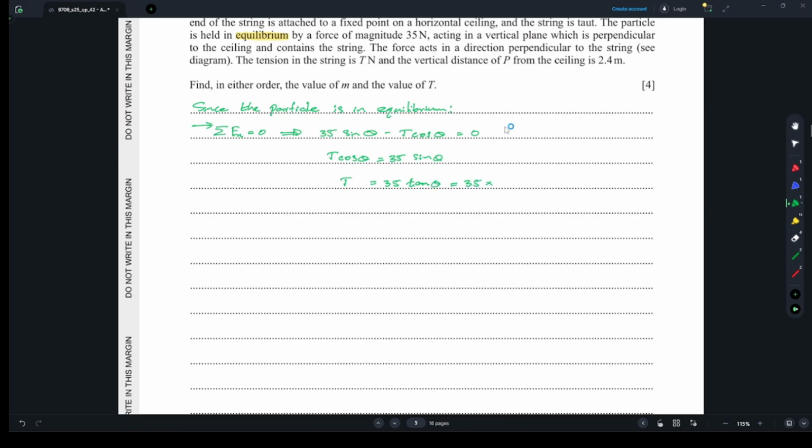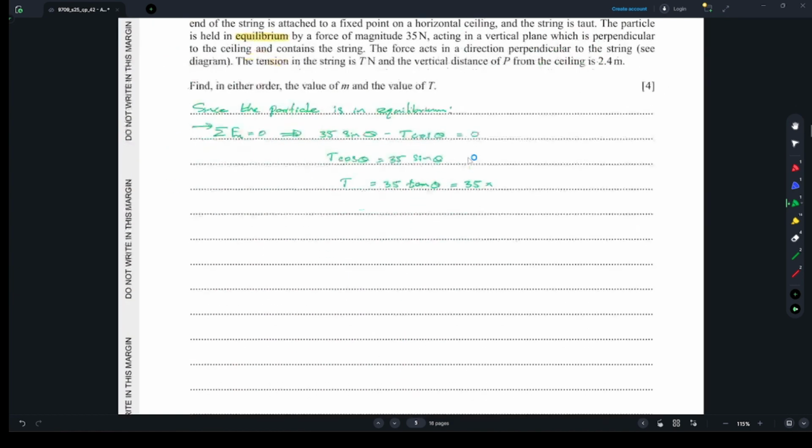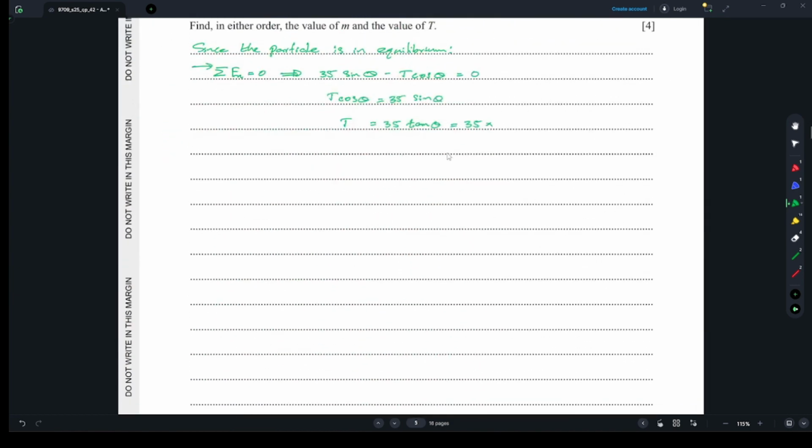Tan means the opposite divided by adjacent, so 2.4 divided by 1. So it will be 84 newtons. Therefore, the tension T equals 84 newtons.